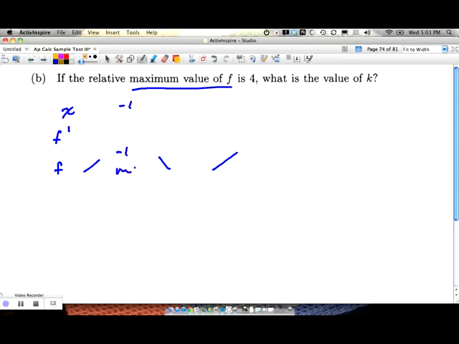If we know that, then we can figure out what k is equal to, because it's saying that f of our max value is going to equal 4. So f of -1 equals 4.